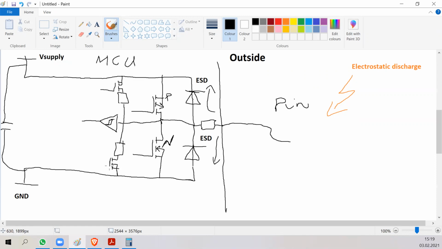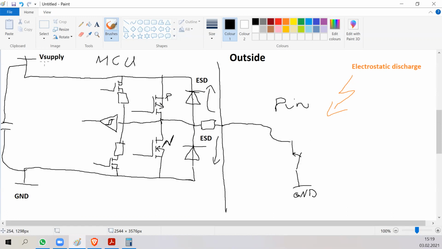They can be switched on or off independently. So for example, if you connect a button to the pin, a switch to ground, and you enable this pull-up resistor, then the microcontroller pulls this pin high all the time, and when you press the button, it pulls the pin low.